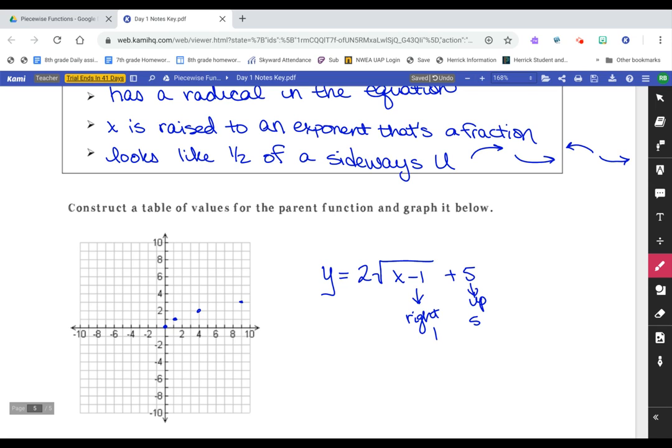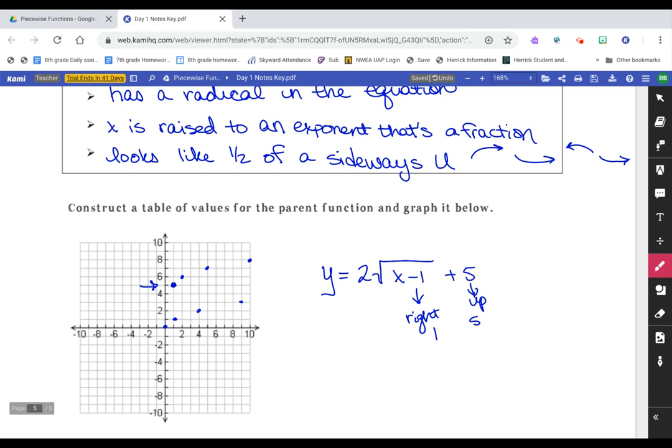So if I go right 1 and up 5, then we would start here and it would go over 1, up 1, over from this point right here, over 4, up 2, and then over 9, up 3.